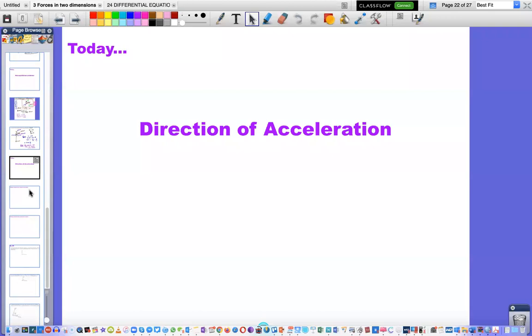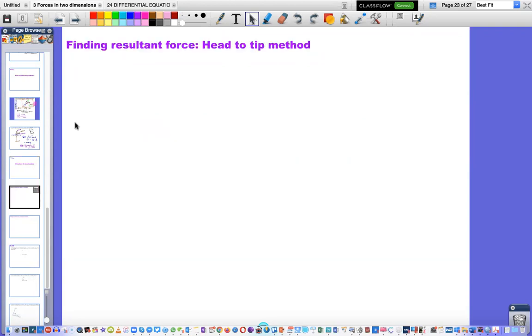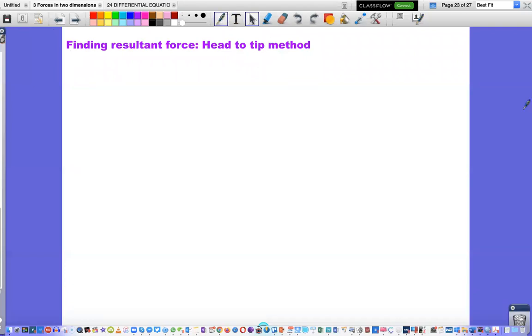So for today, in what we have done so far, we always know the direction of acceleration. Today we are going to see, if you are not given the direction of acceleration, how do you find it? In other words, how do you find the direction of the resultant force or the net force?